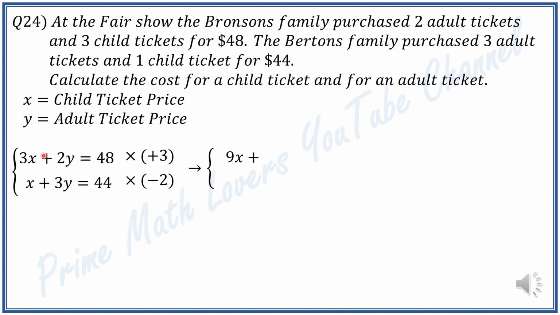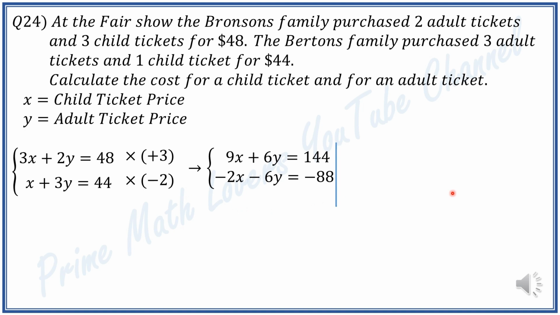So we get the first equation times plus 3 will be 9x plus 6y is equal to 144. And the second equation times negative 2, we get negative 2x, negative 6y is equal to negative 88.